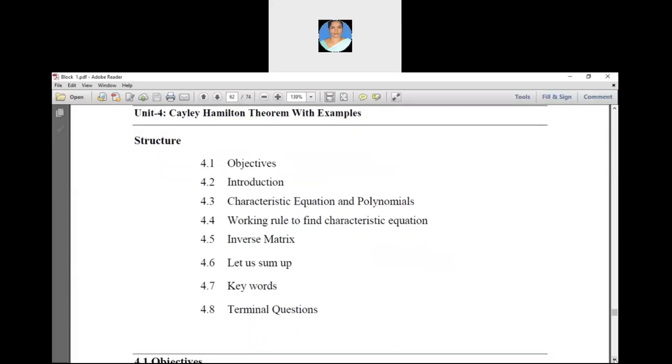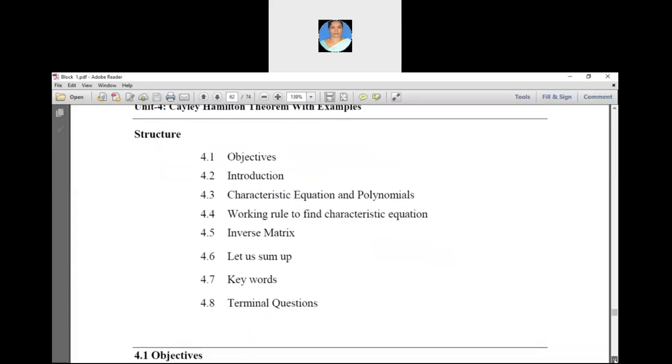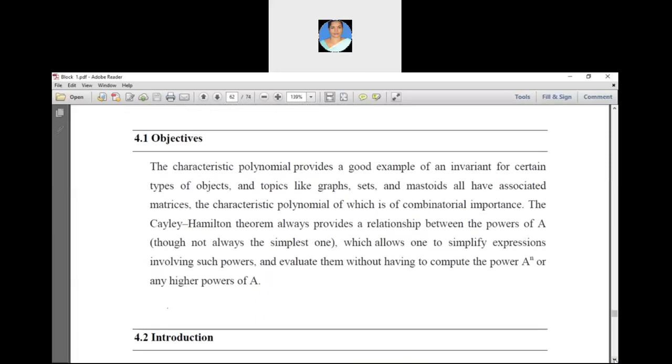The first one is objectives. The characteristic polynomial provides a good example of an invariant for certain types of objects, and topics like graph sets and others have an associated matrix.